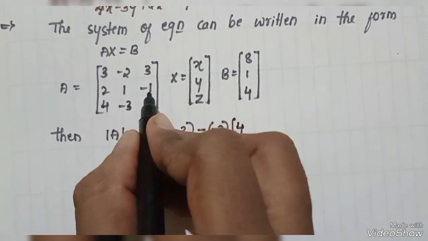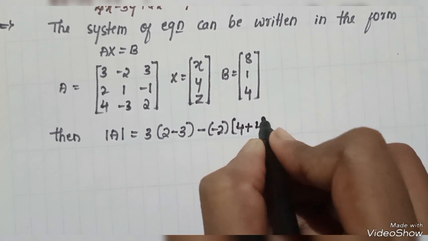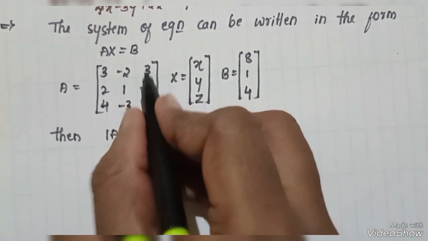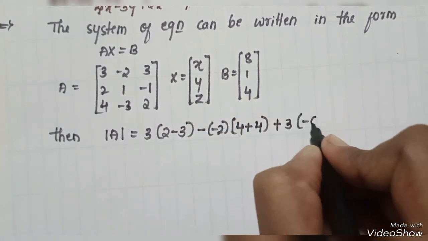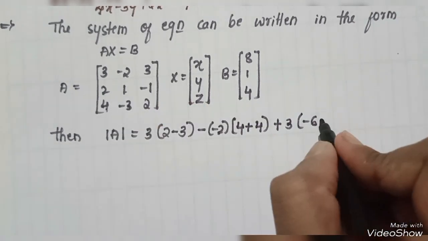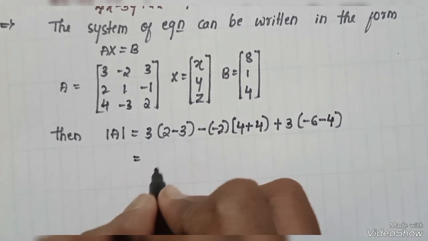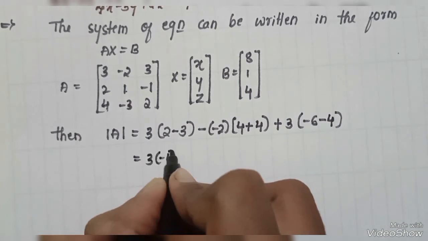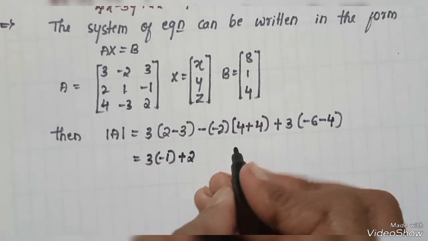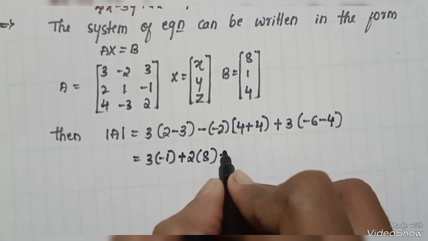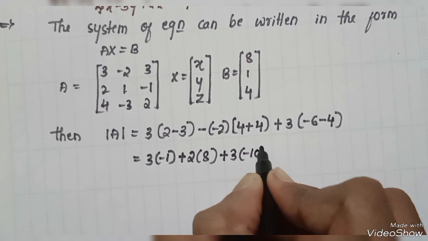Next, 4 into minus 1, minus 4. There is a 1 minus, that is plus 4, plus again 3 into (2 into minus 3, minus 6, 4 into 1, minus 4). Now 3 into 2 minus 3, that is minus 1. Here minus into minus is plus 2. 4 plus 4, 8, plus 3 minus 6 minus 4, it becomes minus 10.